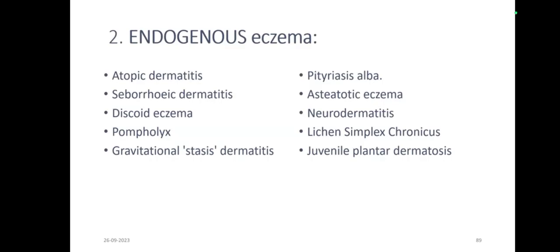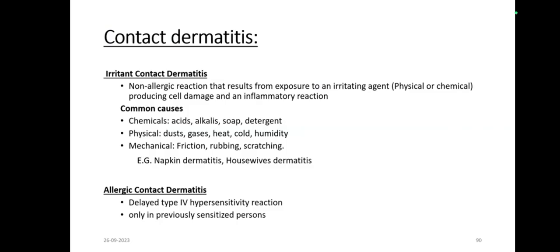Some other external factor should be involved in a case to be diagnosed as exogenous in origin. Next comes endogenous eczema, where the internal factors are the reason behind the eczema. The classical cases are atopic dermatitis and seborrheic dermatitis. Discoid eczema is, of course, we have a photograph from our OP, and pompholyx is a very rare diagnosis. We have received 1 or 2 cases. We need not discuss too much about it, but atopic, seborrheic, and discoid are to be seen.